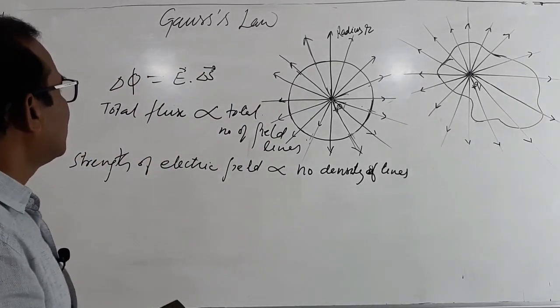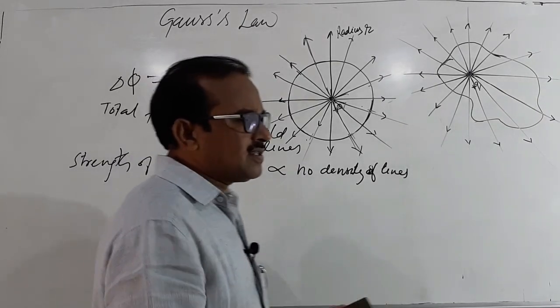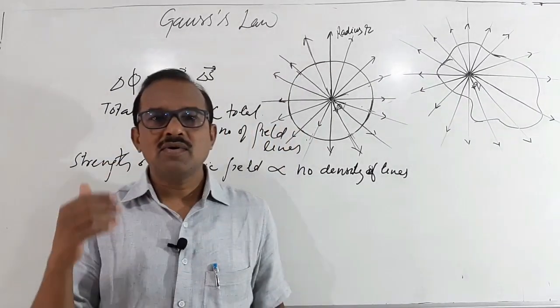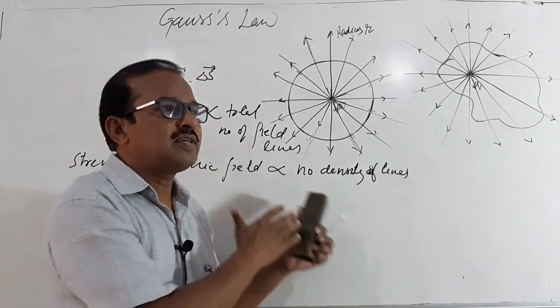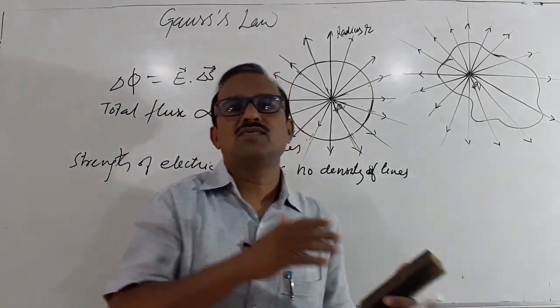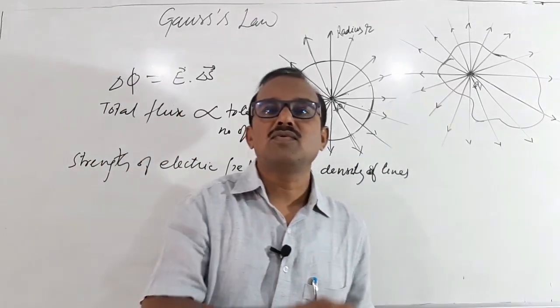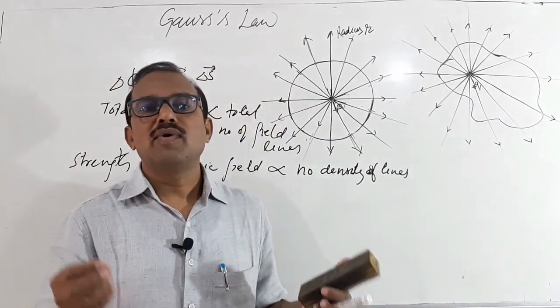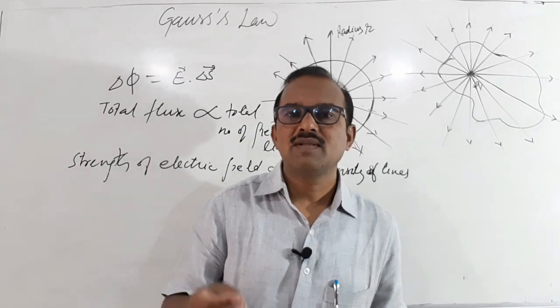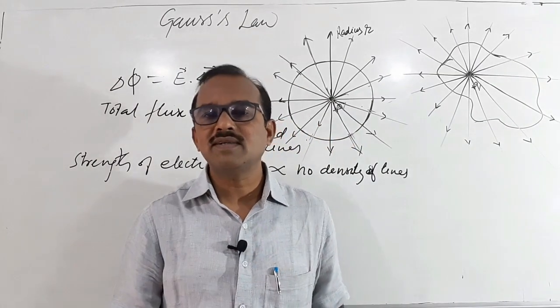So this is flux. Gauss gave a general law which says the total flux through a surface which encloses some charge is equal to 1 upon epsilon naught times the charge enclosed by the surface.